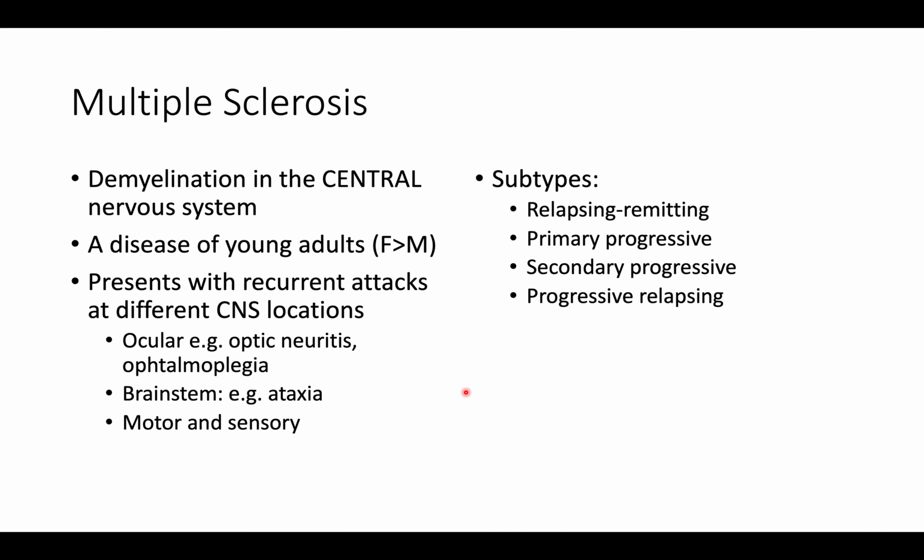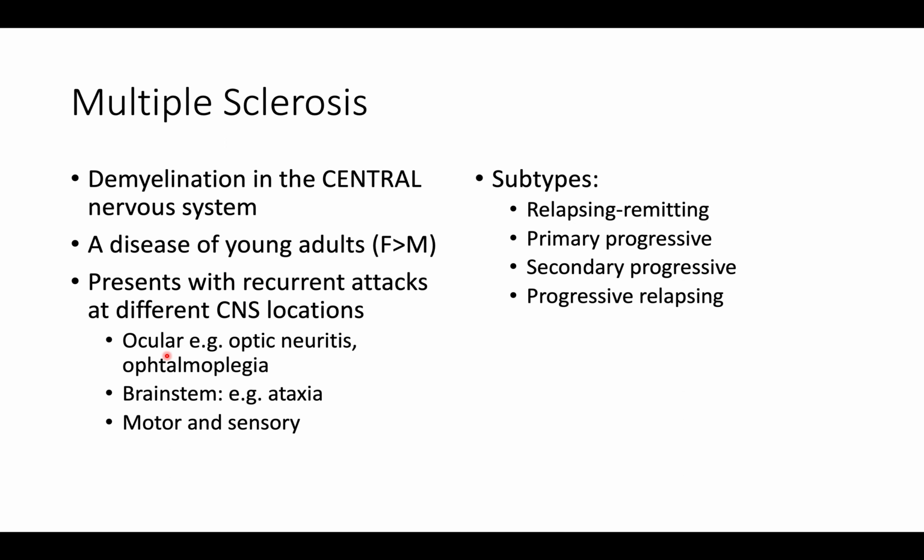So one of the cardinal features of multiple sclerosis that you have to understand is that it is a disease that happens in different places and at different times. So patients have recurrent attacks at different CNS locations.